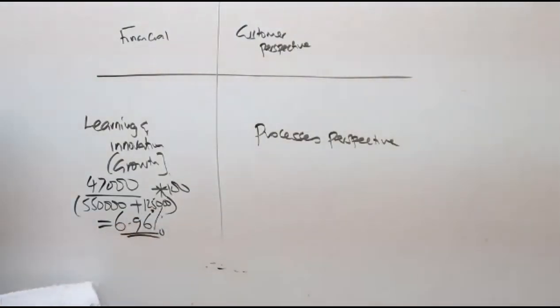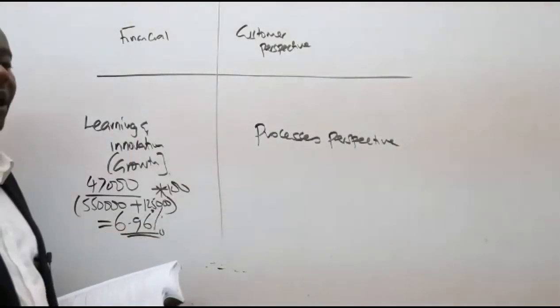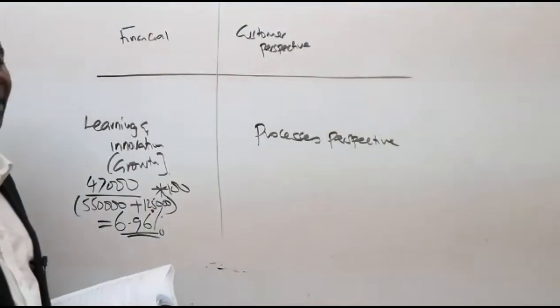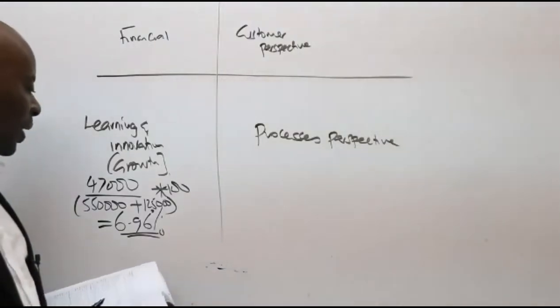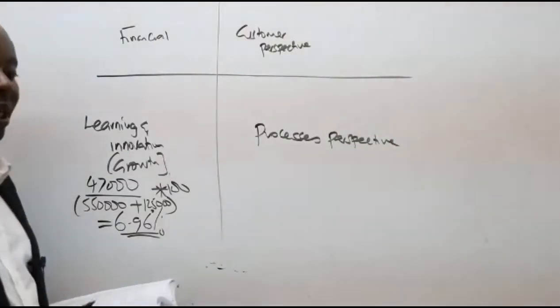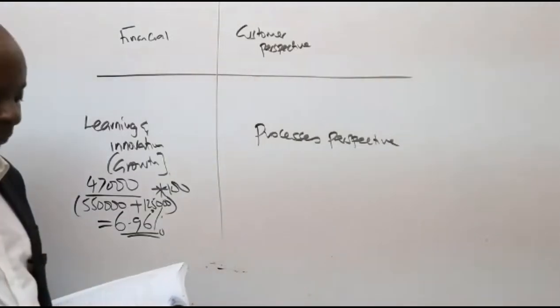I'll not be able to make any comment, of course, because I don't know what other companies in the same industry are incurring, but at least I know that this company is striving to progress, and that is why they are able to develop new products.